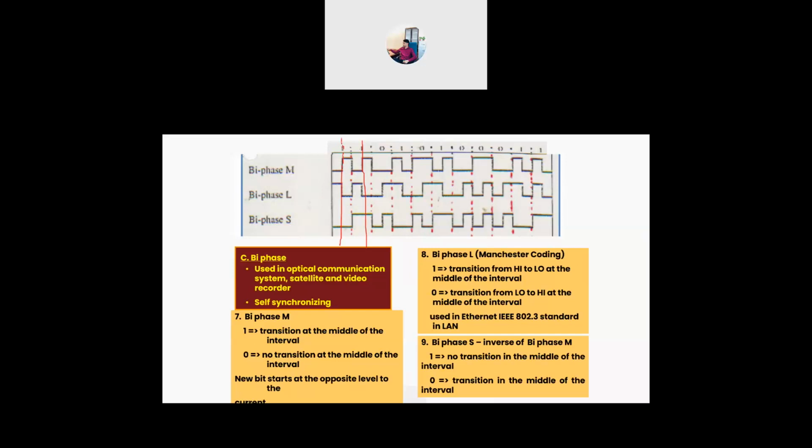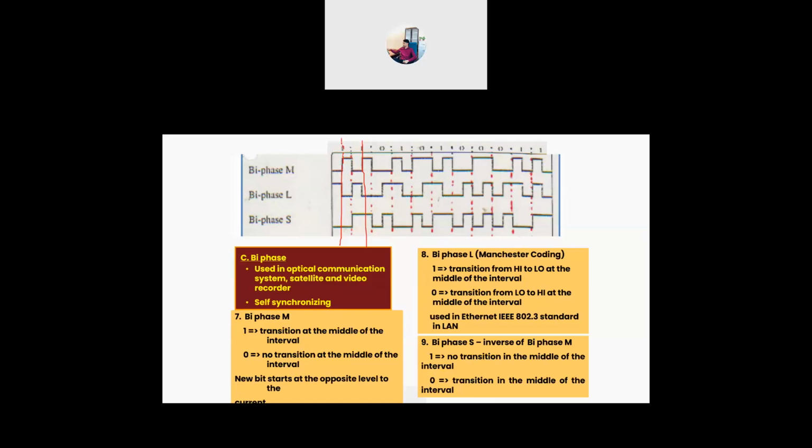New bits start at the opposite level to the current. So you see here, this is bit 1. Let's say here, you're going to have a transition from low to high in the middle of your interval. Then you have the next 1, so you're going to have another transition, from high to low.